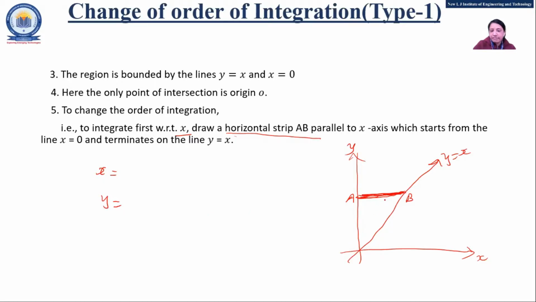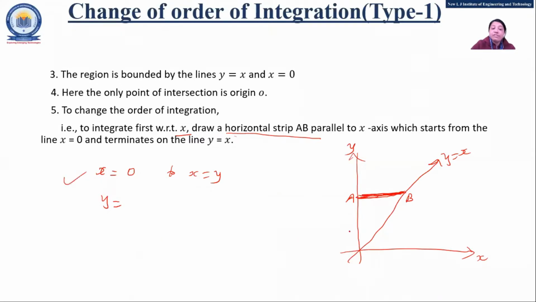This strip starts from x equal to 0 and ends on y equal to x, so x goes from 0 to y equal to x. Whatever strips you consider, if it is a horizontal strip, always write the limit for x first.